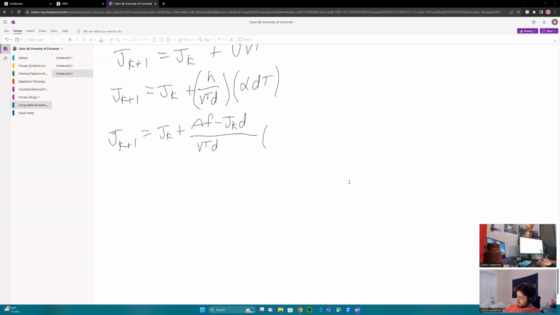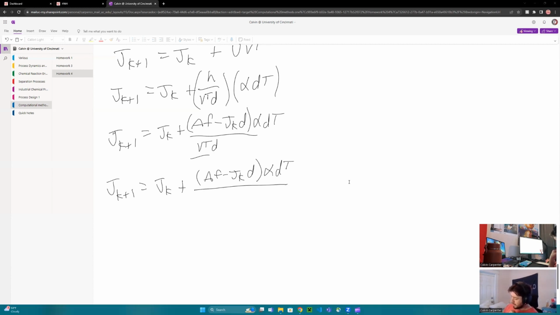And then times, I'm just going to put this up top, alpha dt. Wait, no, that's times this whole thing though. That would have been bad. Okay. So now we're going to substitute VT into here as well. So JK plus 1 equals JK plus delta f minus JKd times alpha dt over, and then our VT was alpha dt.